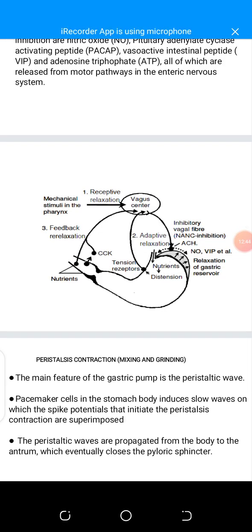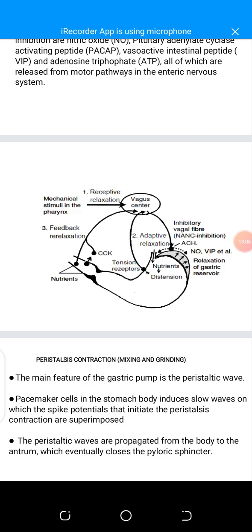The stimulation is transmitted to the vagal center, and then after integration in the vagal center, it sends efferent impulses through the NANC pathway.